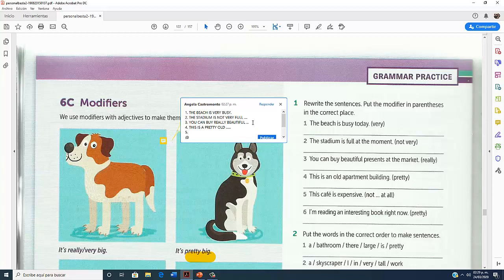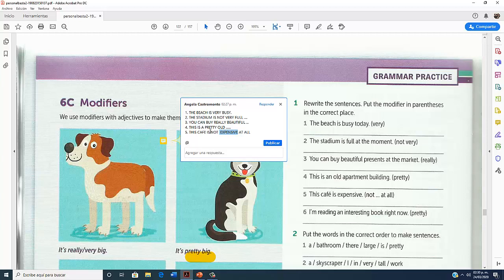5. This cafe is expensive. So we change this. This cafe is not expensive at all. Okay? Remember, when you have not at all, you have the adjective in the middle.